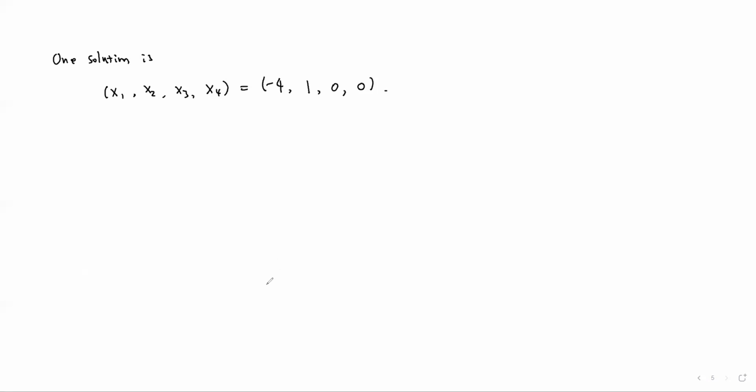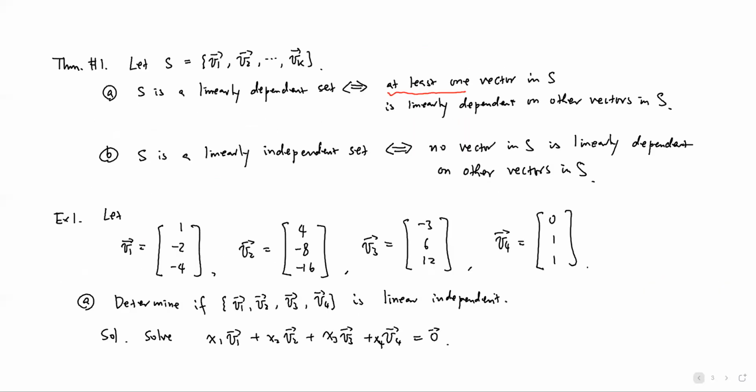After we have a non-zero solution, then one dependence relation among the 4 vectors is, okay, plug the solution into this vector equation.